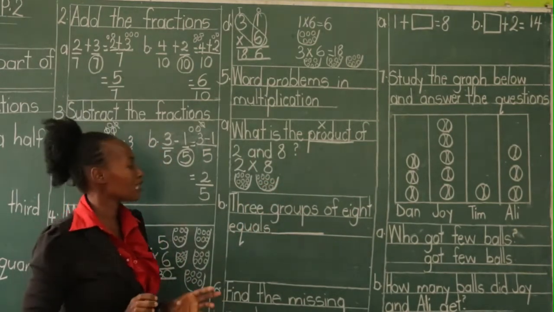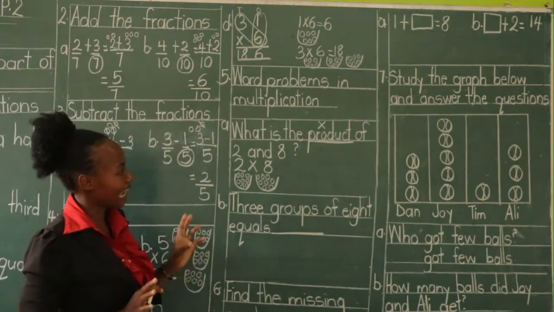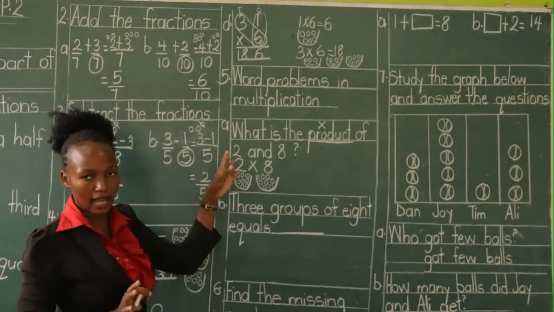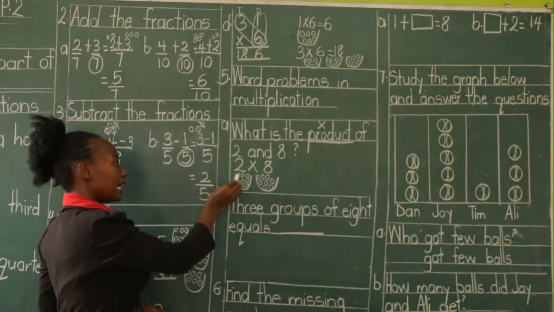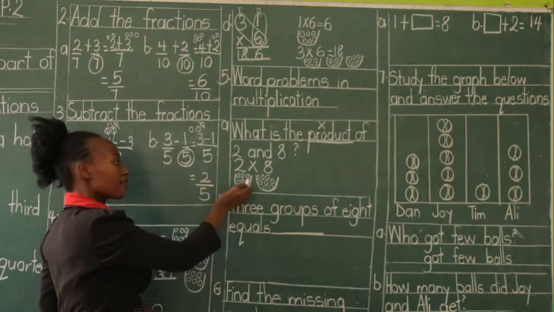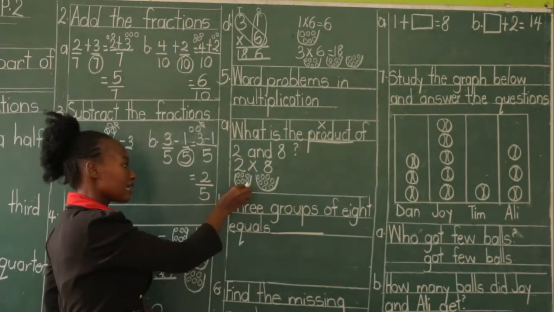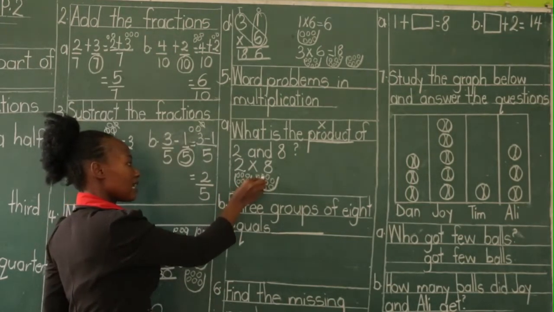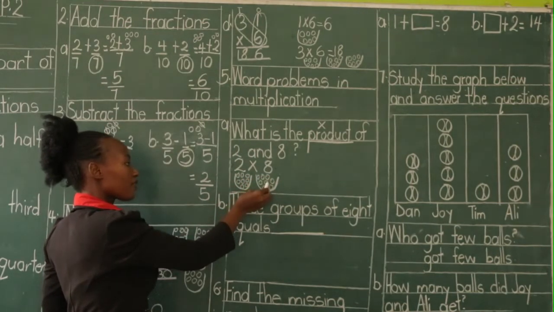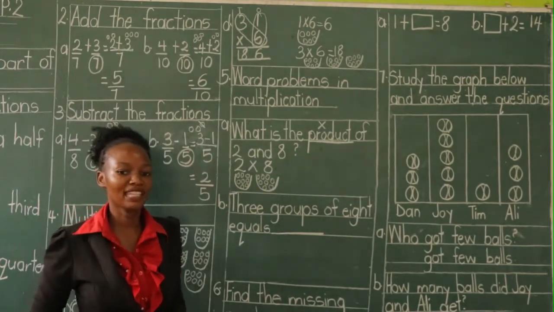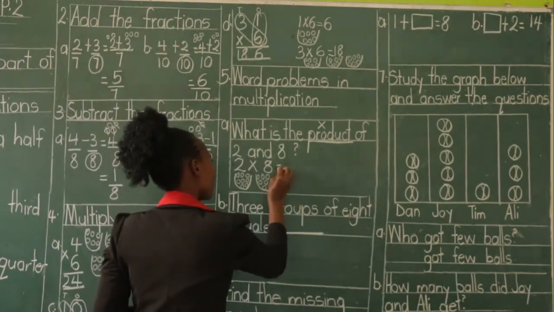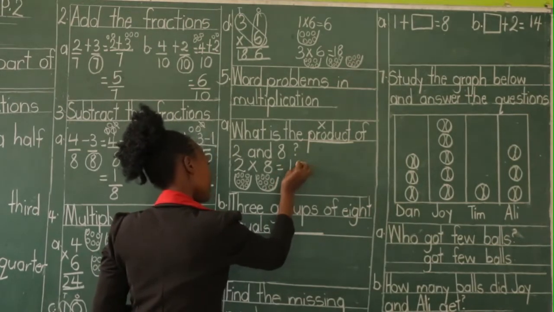After we put them together, we find the product of 2 and 8. Let's count them together: 1, 2, 3, up to 14, 15, 16. Our answer is going to be 16.